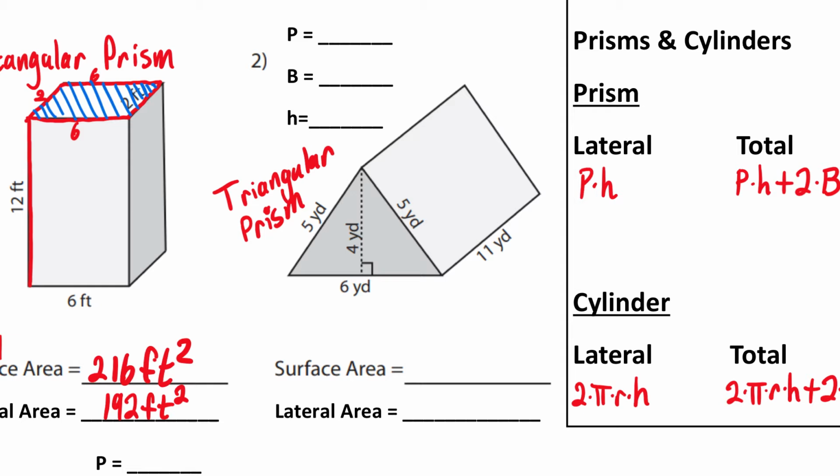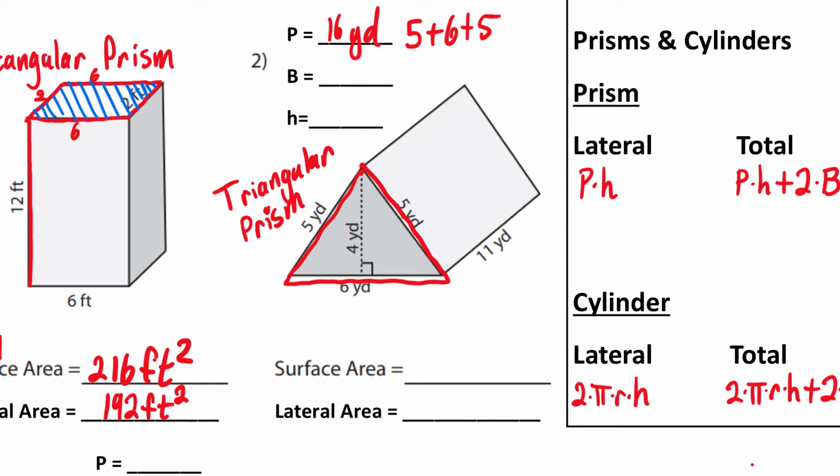Because the bases are triangles, obviously. So when I'm looking for capital P here, what am I looking for? Perimeter of the base. I'm looking for the perimeter of this triangle right here. So it's going to be 5 plus 6 plus 5, which is what? 16.